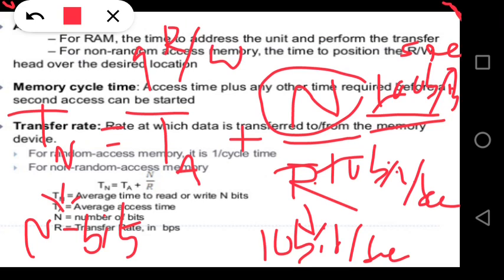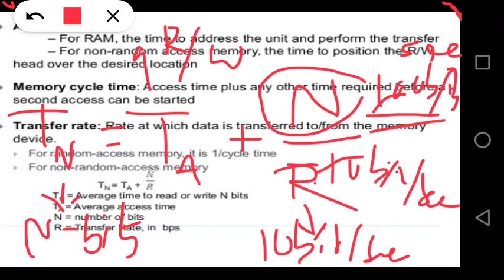In this example, the data transfer rate capacity of this magnetic device or secondary memory device is 10 bits per second. It can transfer at most 10 bits in 1 second. But I want to transfer 100 bits. Then how much time does it take? Obviously 10 seconds.